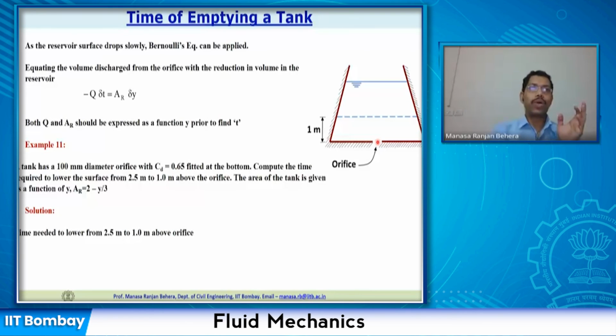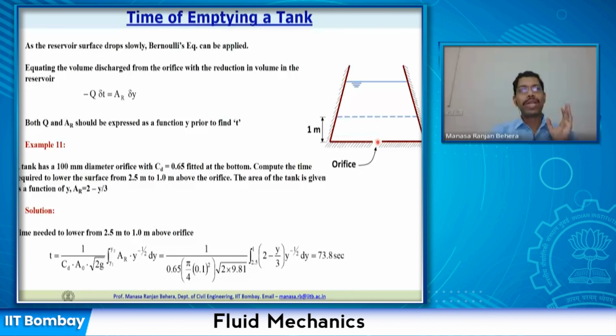The time needed to lower from 2.5 meter to 1 meter can be written as minus Q dt equals A_R delta y. What is Q? You already know the expression: C_D A_0 multiplied by square root of 2gh. Now that h is nothing but your y here.